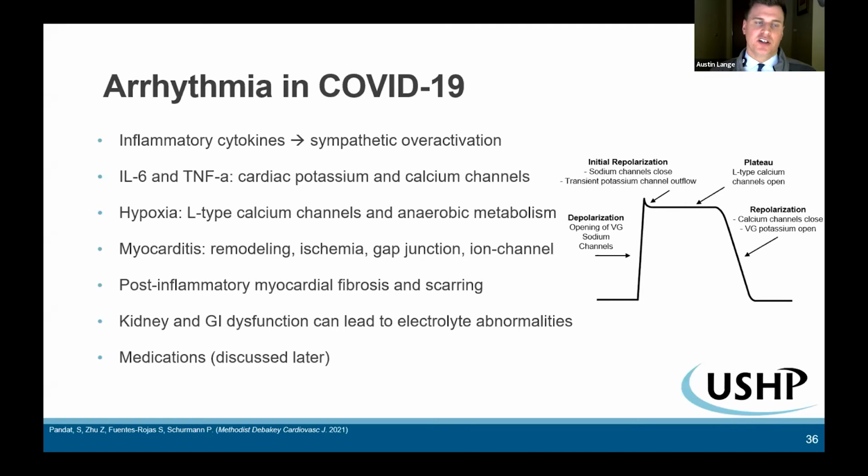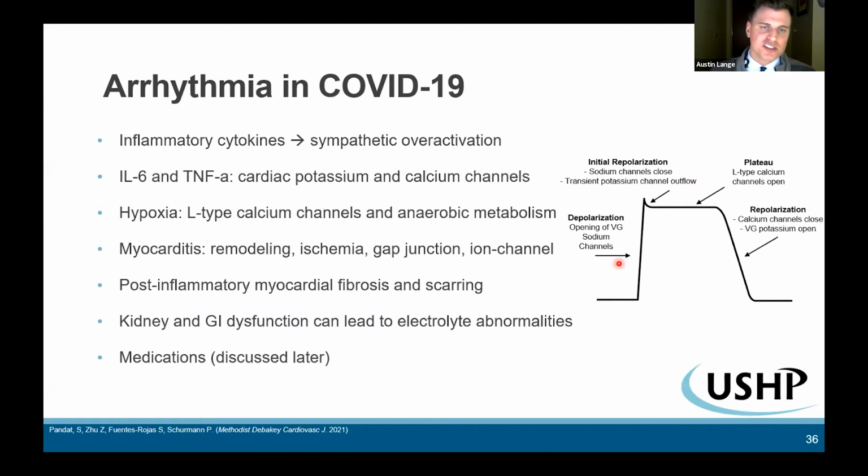COVID-19 and arrhythmia here. We'll talk about several different abnormalities that can lead to arrhythmia. Specifically, inflammatory cytokines can cause a sympathetic overactivation that can lead to arrhythmia. And I should mention here, we have an action potential of a cardiac myocyte.